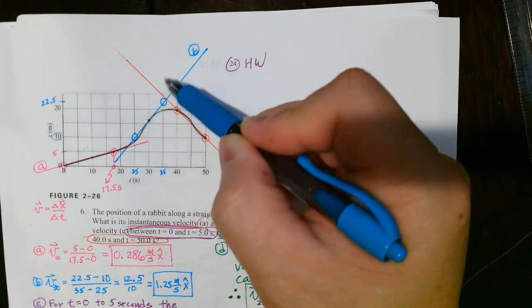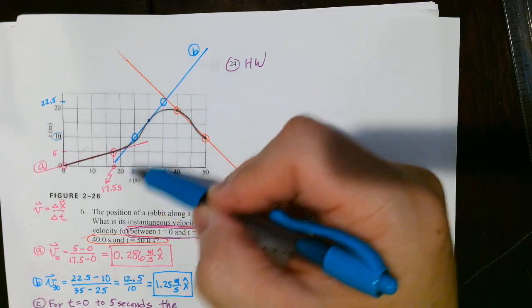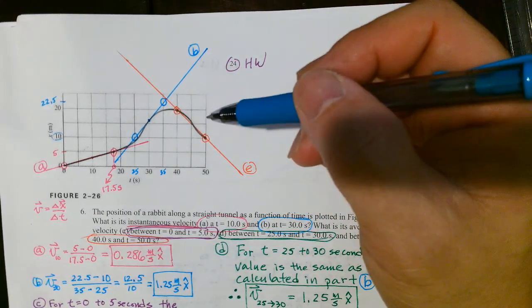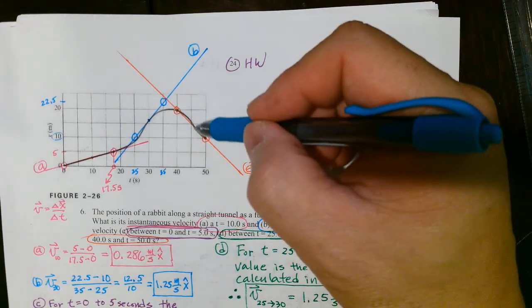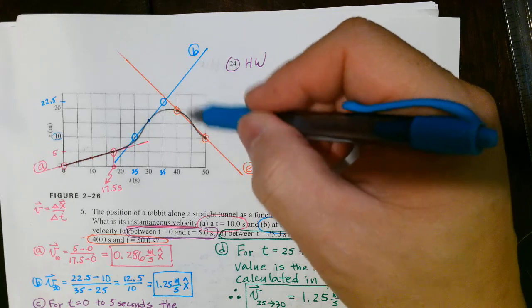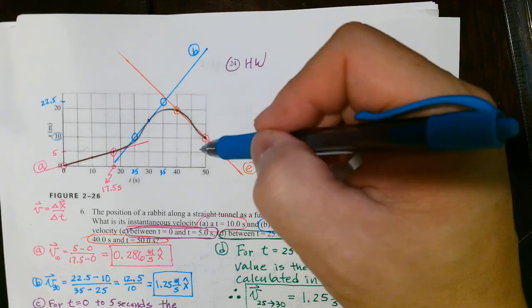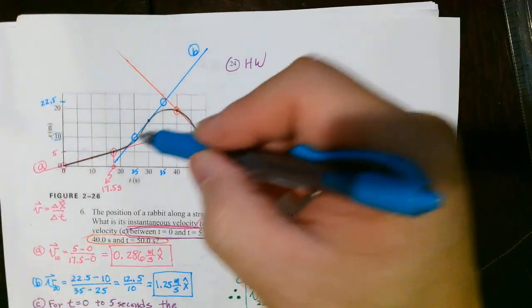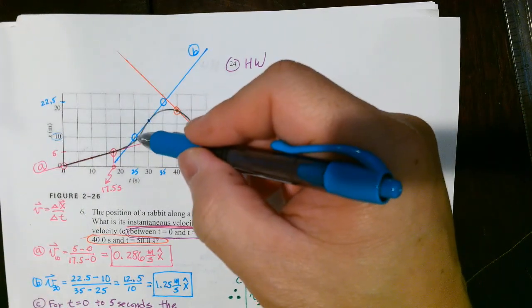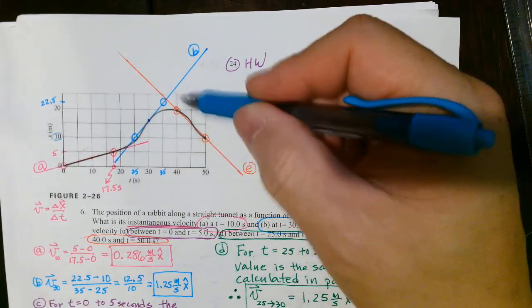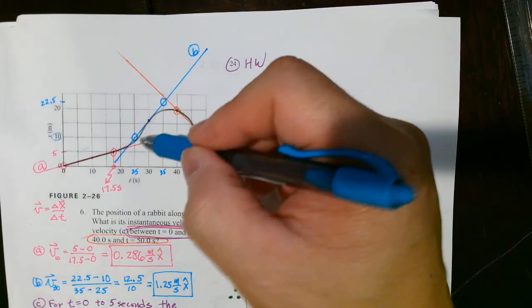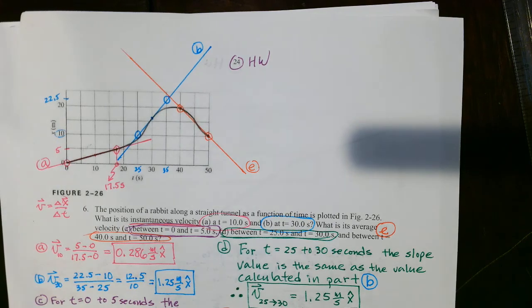So 27 seconds is where the greatest slope value is, which means it's the greatest velocity value. Now, this can also be it, around 45 to 46 seconds, but I don't know exactly how much steeper that is, and this is also a negative velocity. So as far as the positive velocity is concerned, I'll say it's around 27 seconds.